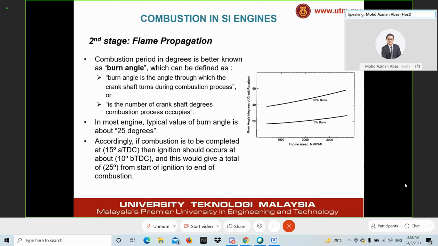I hope you are clear on that. If the ignition starts 10 degrees before TDC and it has a 25 degrees burn angle, then you know the combustion finishes at 15 degrees after TDC. That's how you get your burn angle.